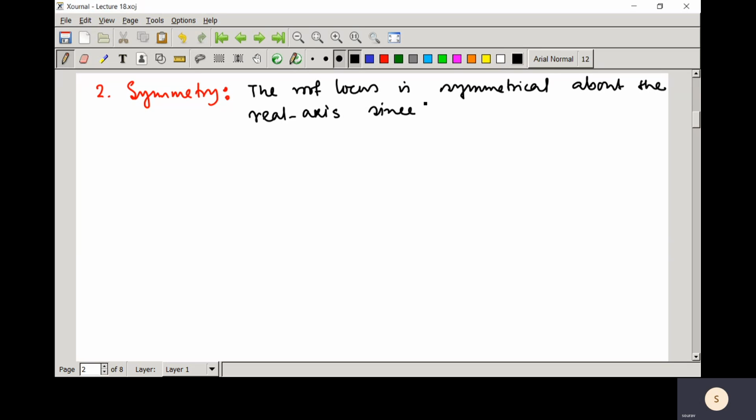Whenever we draw the root locus, we draw it in the s-plane, which has the real axis and imaginary axis. Since the polynomial, here the characteristic polynomial, is a real coefficient polynomial.